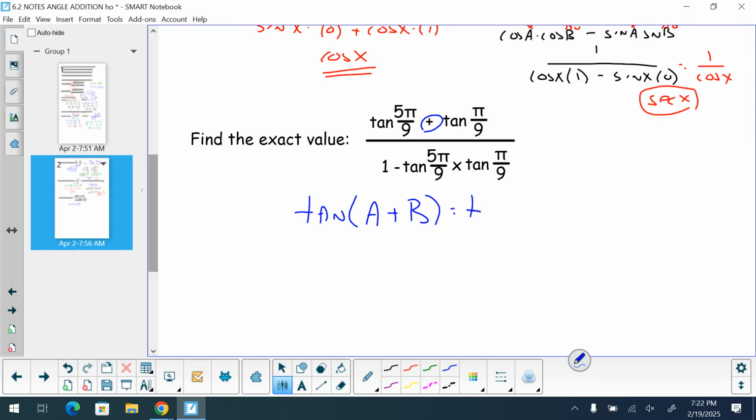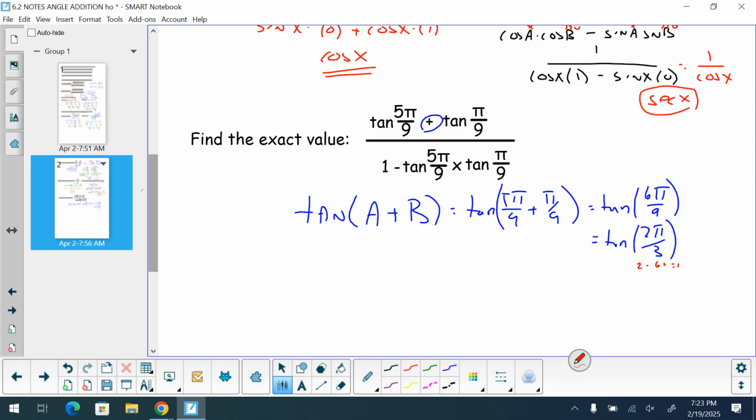So we have the tangent of 5 pi over 9 plus pi over 9. 5 pi over 9 plus 1 pi over 9 is 6 pi over 9, which is tangent of 2 pi over 3. And 2 pi over 3 is 60. So we have 2 times 60, or 120.